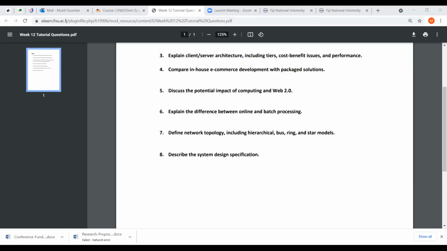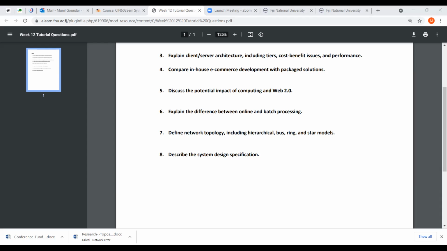Full stop. Data flows in one direction only in a ring network. Full stop.